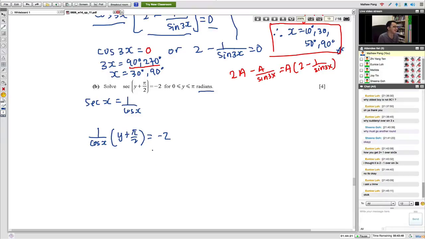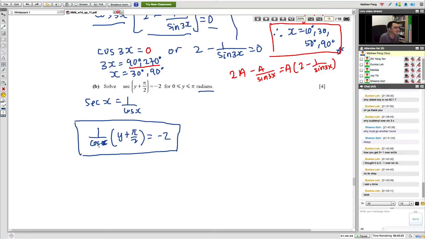What's wrong with this one? I have so many students when I mark the exam paper, they will do like this. This one is not okay. Why? Because they will write 1 over cos and then the bracket with this thing, but this one actually is the angle for cos, for secant. So it must be together with the cos.